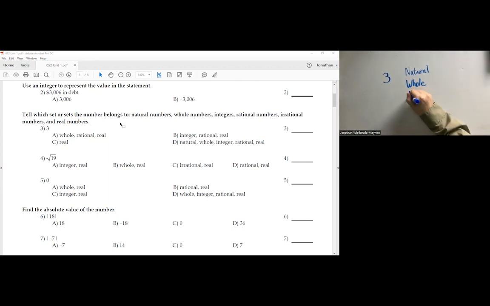All whole numbers are also integers. All integers are rational. And all rational numbers are real. So natural, whole, integer, rational, and real. That's our answer for 3.